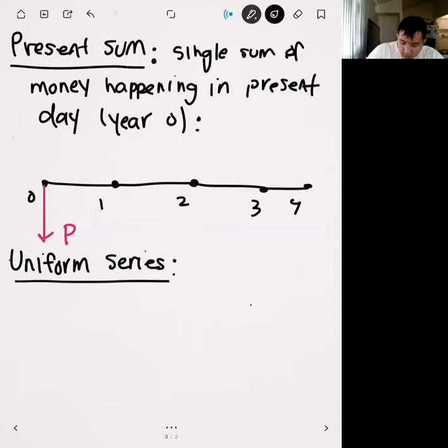A uniform series, remember, represents a recurring cost or benefit that has the same amount at every single time step.